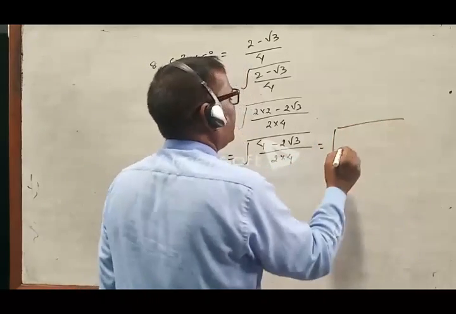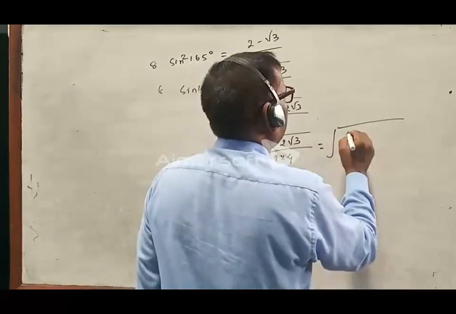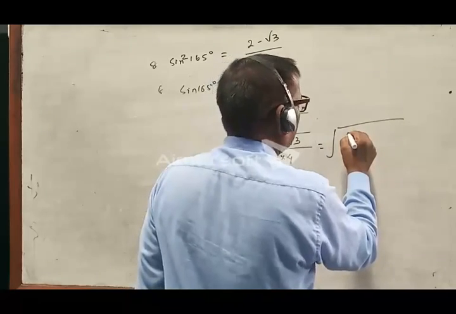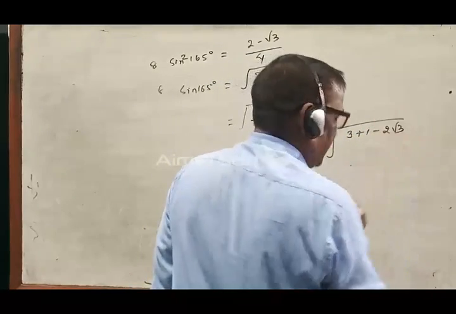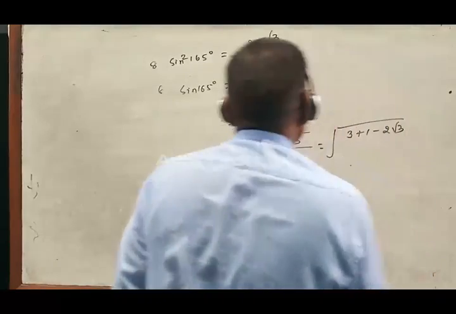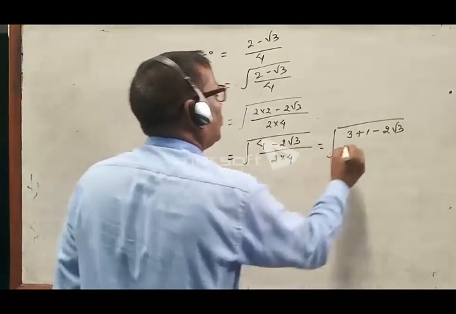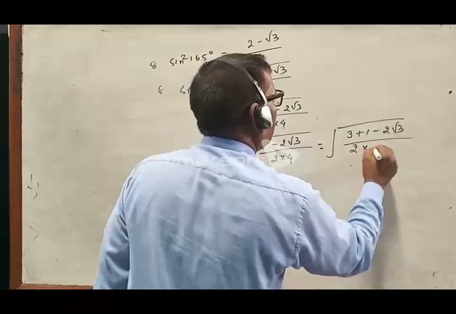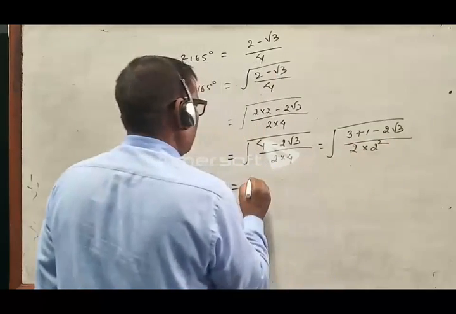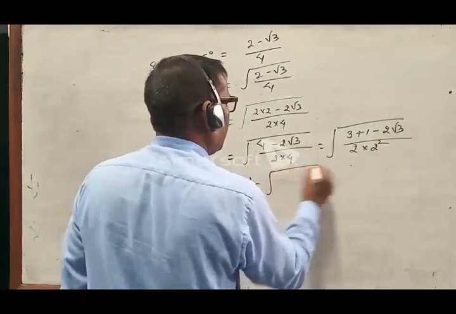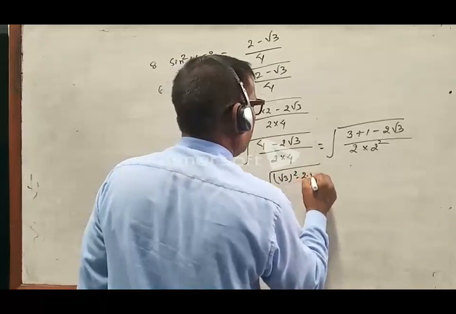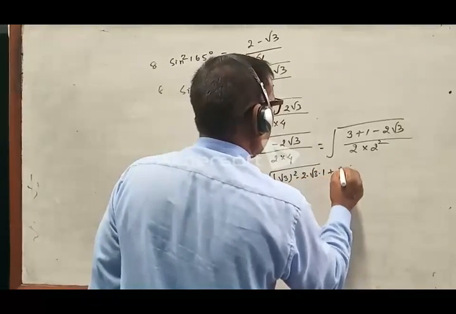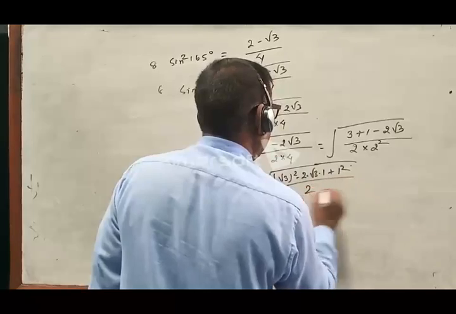We know that 4 is written here as 3 plus 1 minus 2 root 3. Our proof is root 3 minus 1 by 2 root 2. Here, the square of root 3 minus 2 into root 3 into 1 plus 1 square by 2.